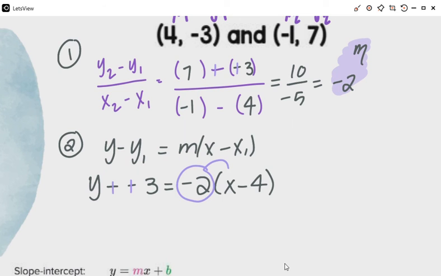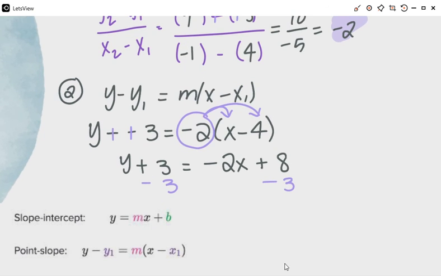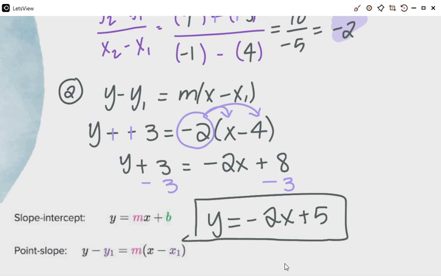We got to deal with this negative 2 out front. So we have y plus 3 equals negative 2x. Negative 2 times negative 4 gives us a positive 8. All right, we got to subtract that 3 from both sides. So our final answer is going to be y equals negative 2x plus 5. Okay, and that's it. That's our equation.